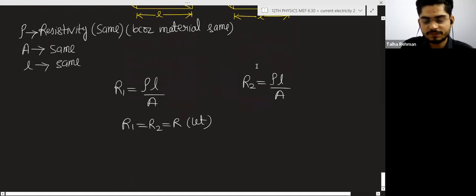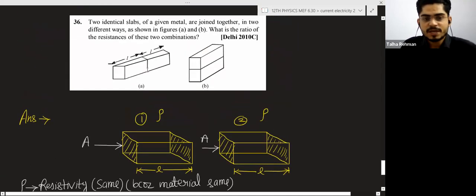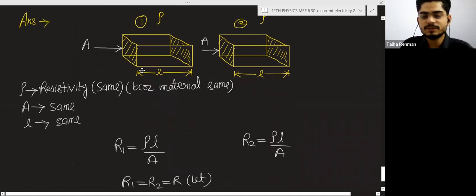So now resistance we have calculated. Now in this figure, see this figure, here two slabs are joined like this, and this combination is a series combination.